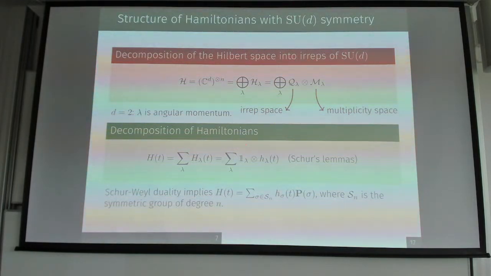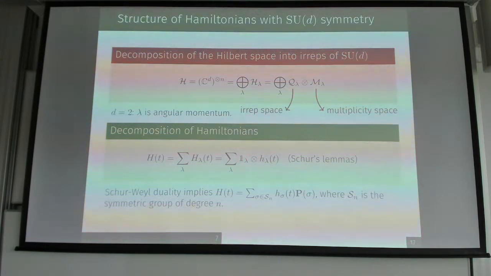Then we consider what are all the Hamiltonians which have this symmetry. By Schur's lemma, we know it must act block diagonally in this decomposition. It cannot mix sectors with different angular momentum, for example. Furthermore, using Schur's lemma again, it must act as identity on this Q_lambda space, because this is an irrep of SU(d), and it should commute with the SU(d) action.